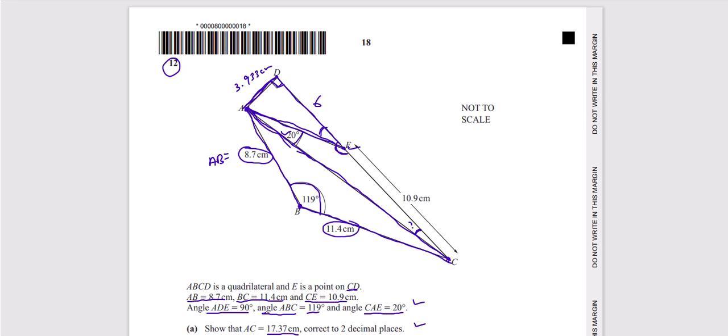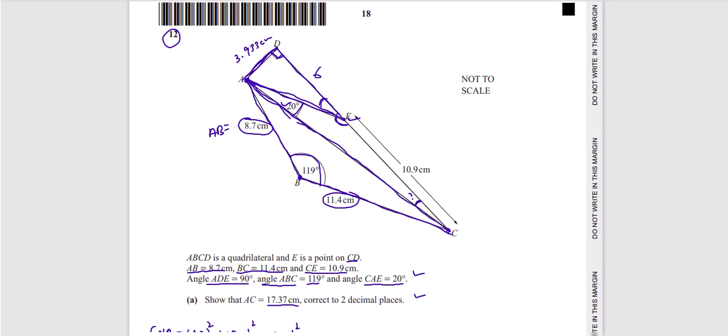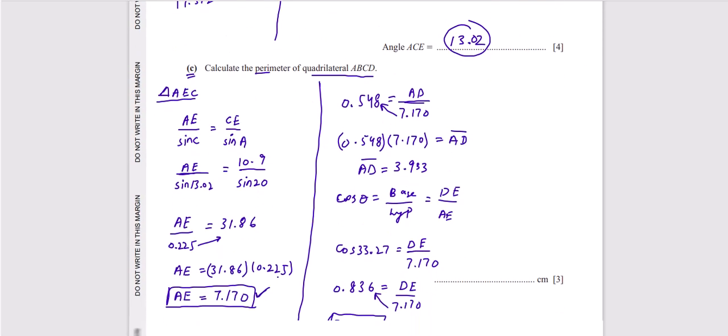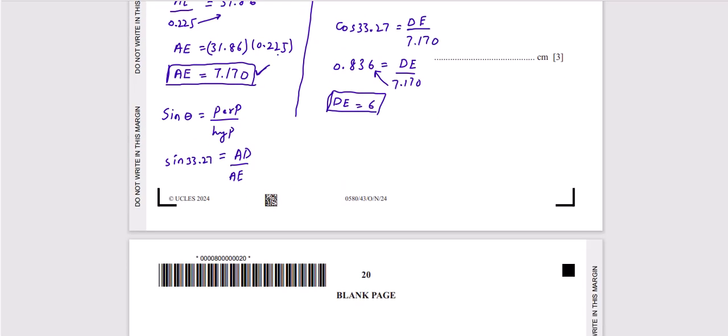Now we are able to calculate the perimeter of this quadrilateral. P is equal to the first side AB plus BC plus CE plus ED plus DA.